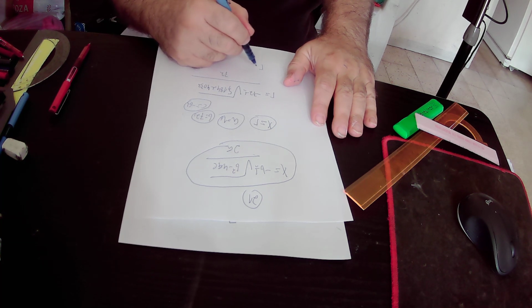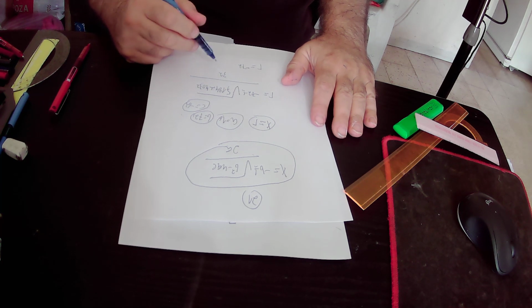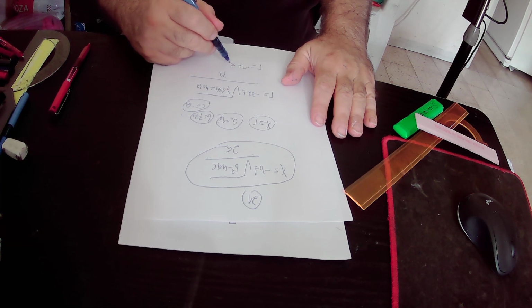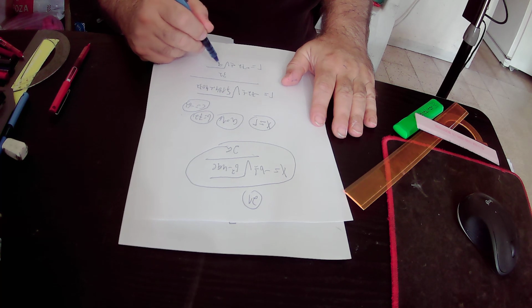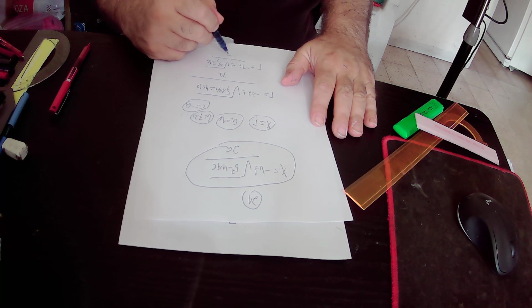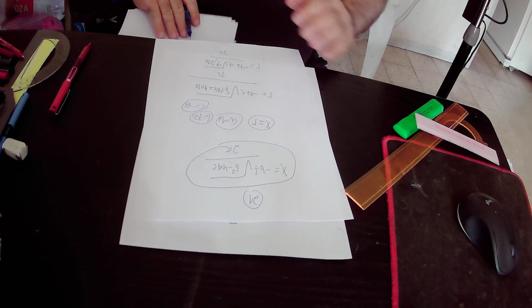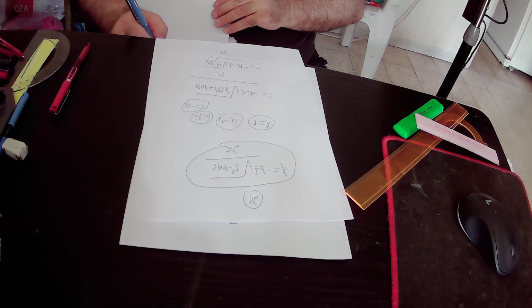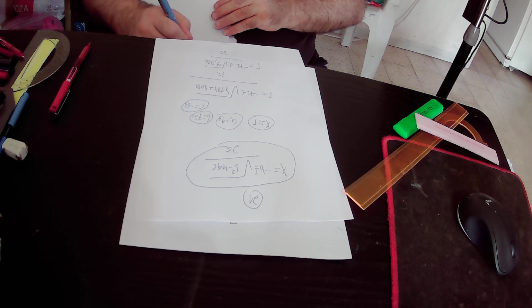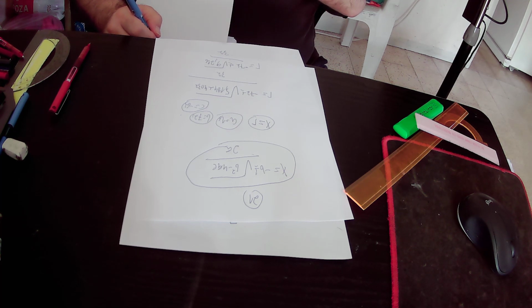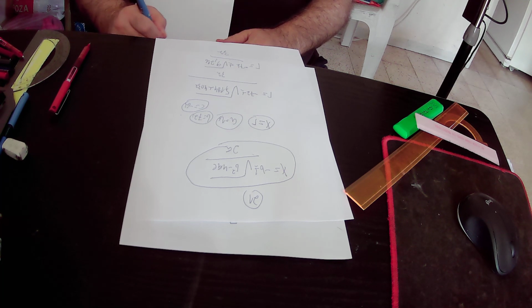So r equals minus 72 plus minus root of 9216 over 32, and we will get that r equals minus 72 plus minus the root of 9216, which is 96, over 32.